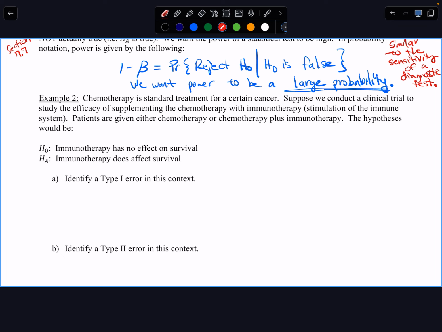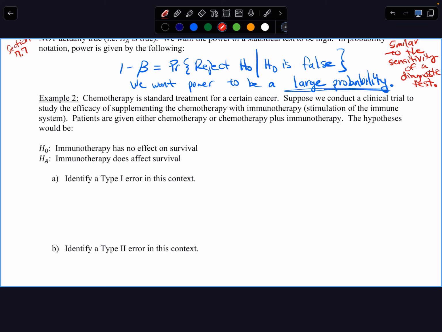Patients are either given just regular old chemotherapy, or in another group, chemotherapy plus the immunotherapy. So we have a clinical trial, two groups getting different treatments.